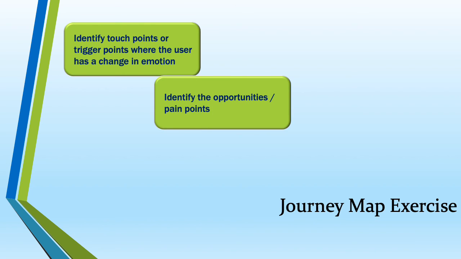Identify opportunities and pain points important to defining your user's experience. And iterate, iterate, iterate. The more depth to the development of your map, the better you'll understand how your product will need to be designed. And that is the goal of this exercise.